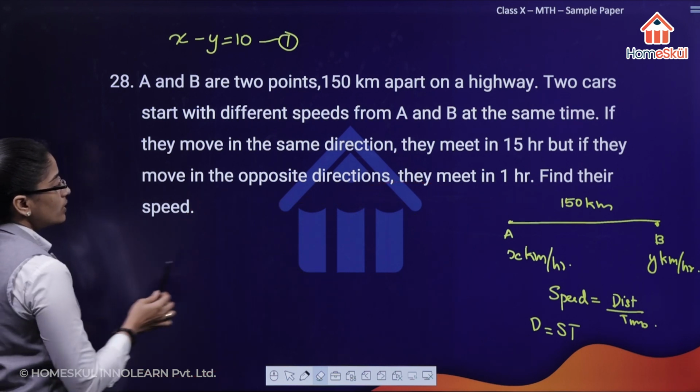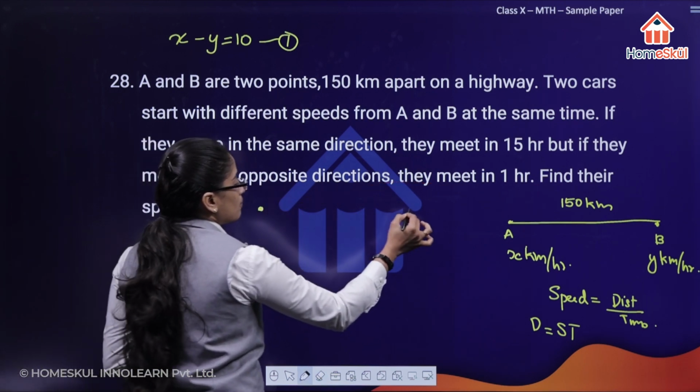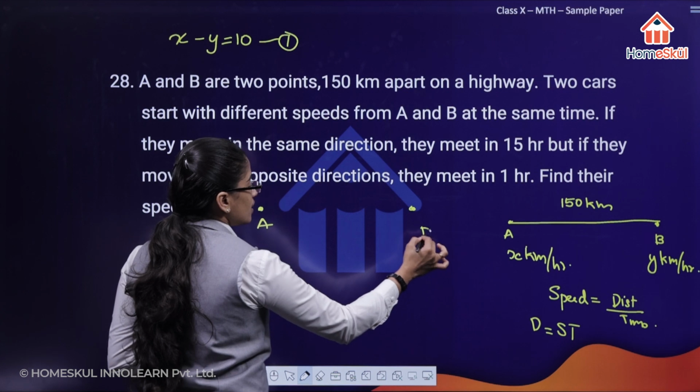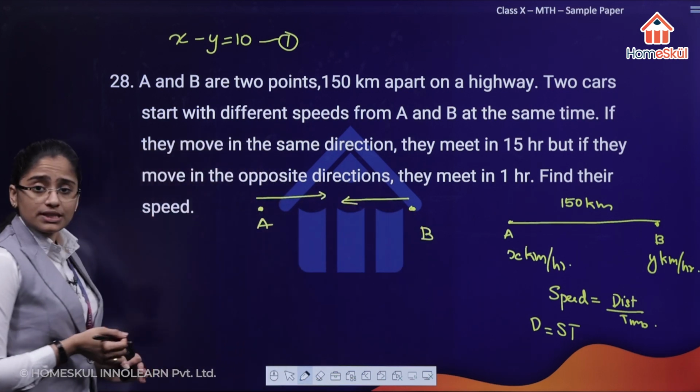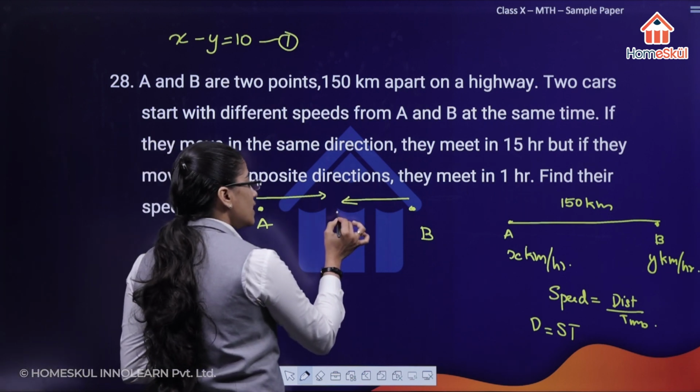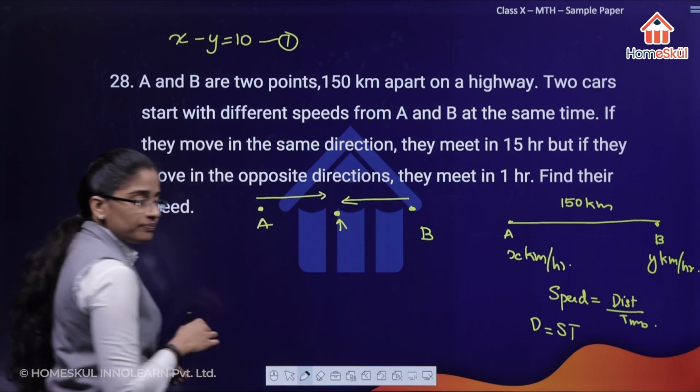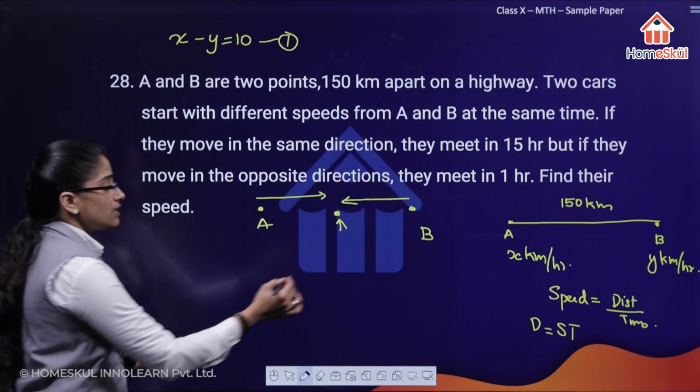Analyzing the second scenario, what are they telling? Point A and B, okay? The cars are moving in the opposite direction and in 1 hour they will meet at a point.